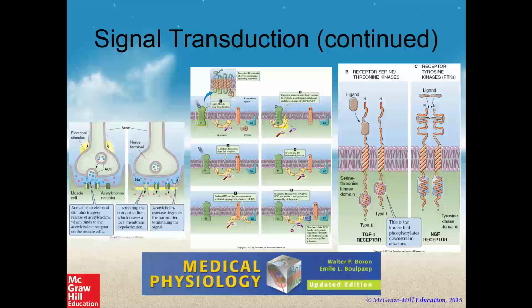Again, the thing about the Boron Medical Physiology book is they have the best diagrams. So I like to use their diagrams a lot. The bad thing about the Boron physiology book is if you look at it down on reserve, it's a tome. It is huge. It's like 1,200 pages or something.